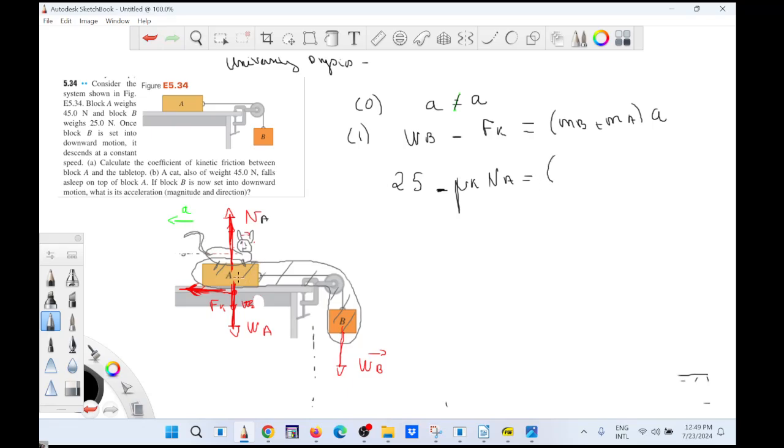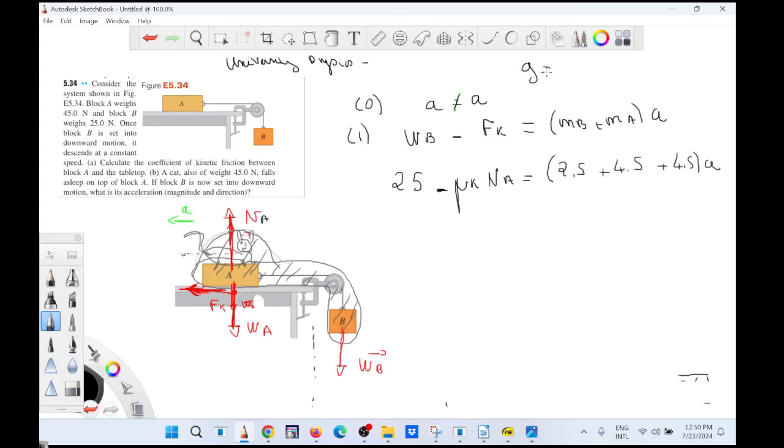Equals, now I'm considering the system including the cat. So in my system now, I have a cat in the bag. So now I have more mass. I have the mass of B, which is 2.5, plus 4.5, plus the mass of the cat, times a.